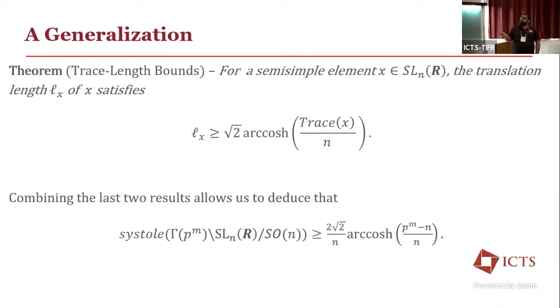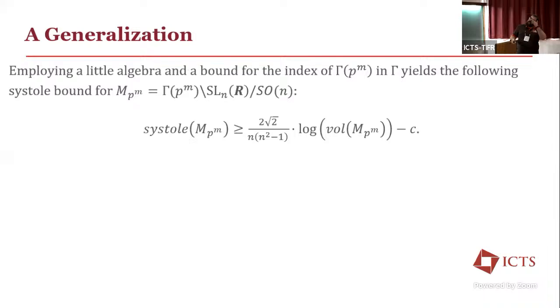Substitute this result into the last one, and we get the systole of our special linear manifold is bigger than 2√2 over n arc hyperbolic cosine of (p to the m minus n) over n. We do a little algebra. I want to stress how little effort we put into getting the best possible bound for this index.